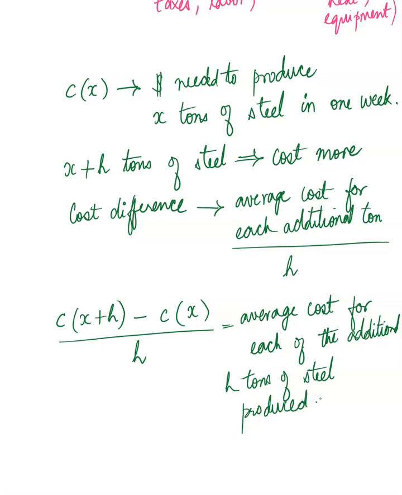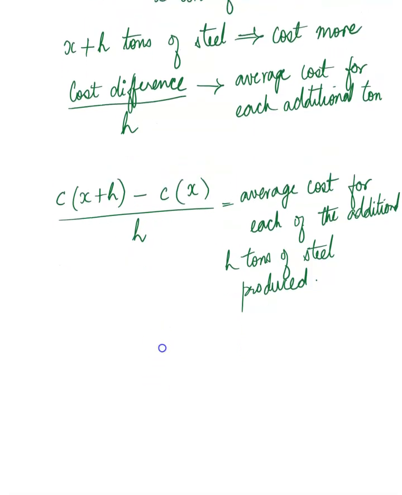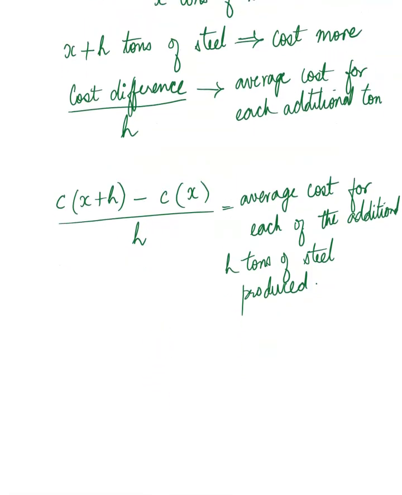I apologize. I put the over H here. It should have been here. Okay. Now that makes sense. So cost difference divided by H would give us the average. Because it's the average, I have to divide it by H, isn't it? Because that's the extra or additional tons of steel we wish to produce.